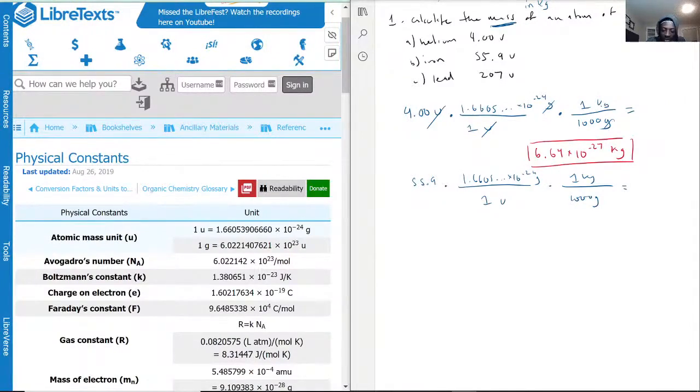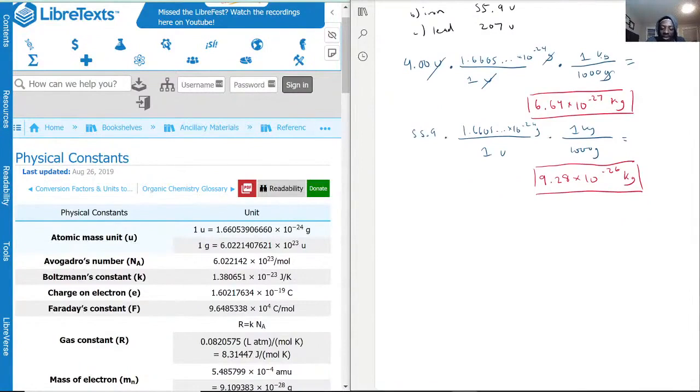We get 9.28 times 10 to the negative 26 kilograms, a slightly larger number, which makes sense because we do have a larger amount of atomic mass units. If we follow this trend, most likely the lead is going to be around 10 to the negative 25 kilograms. But let's see if that's actually the case.